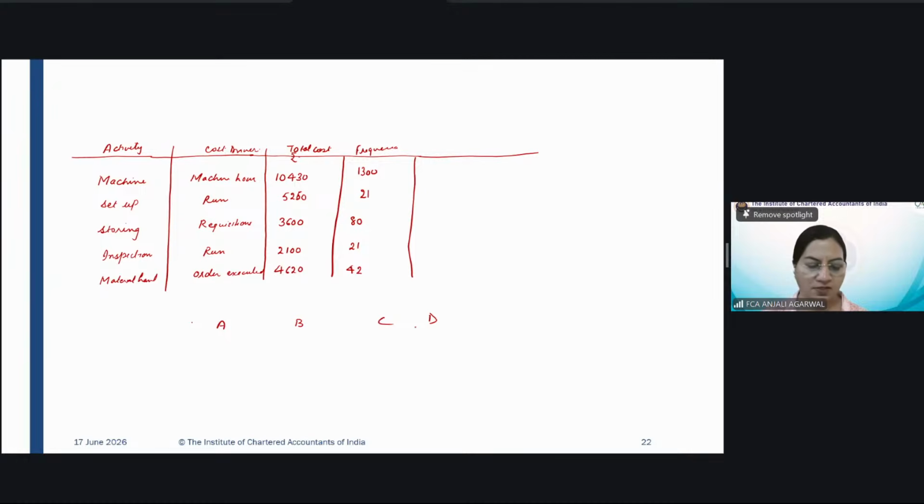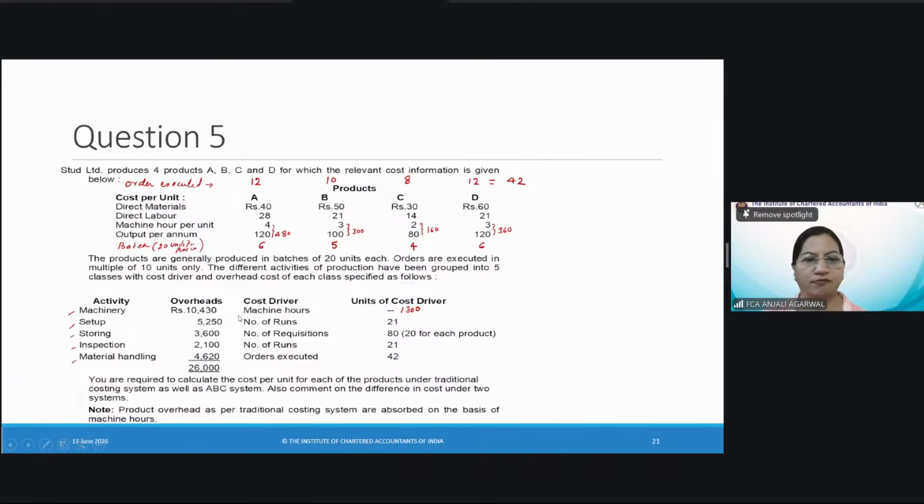So the cost per machine hour is 10,430 divided by 1300. It's 8.023, coming out to be a fraction. Let me check this 1300 first: 480 plus 300. A fraction doesn't always mean something is wrong, but you must verify it also. Yeah, it's 1300, and 10,430 divided by 1300 is 8.023.